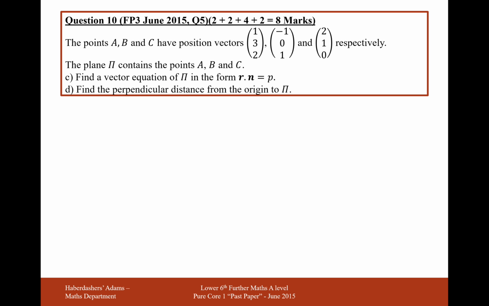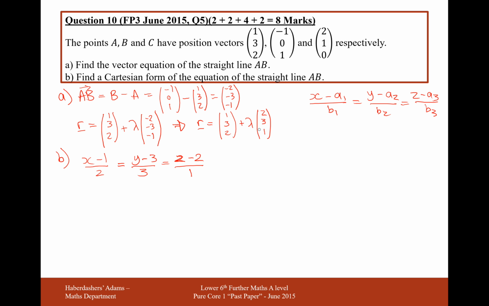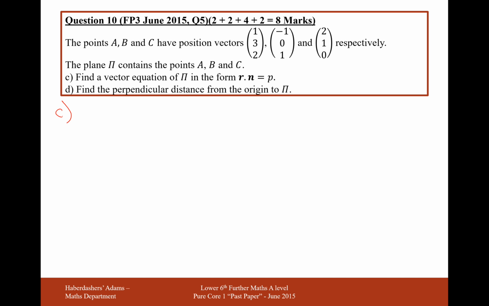Moving on to the next part, the plane contains the points A, B and C. Find the equation of the plane in the form r dot n equals p. So we've already got our vector from A to B. That's going to be (2, 3, 1).